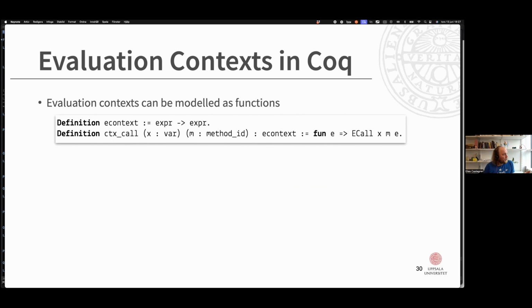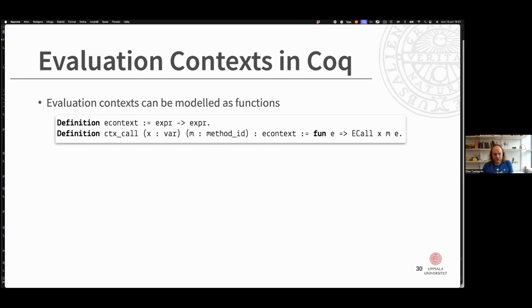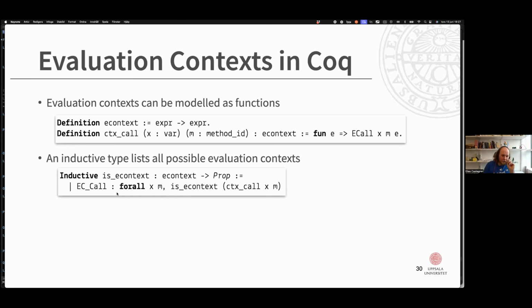Obviously, there are an infinite number of methods, and we want to just say these are the ones that are correct evaluation contexts. So we provide an inductive type that lists all the evaluation contexts that we have.